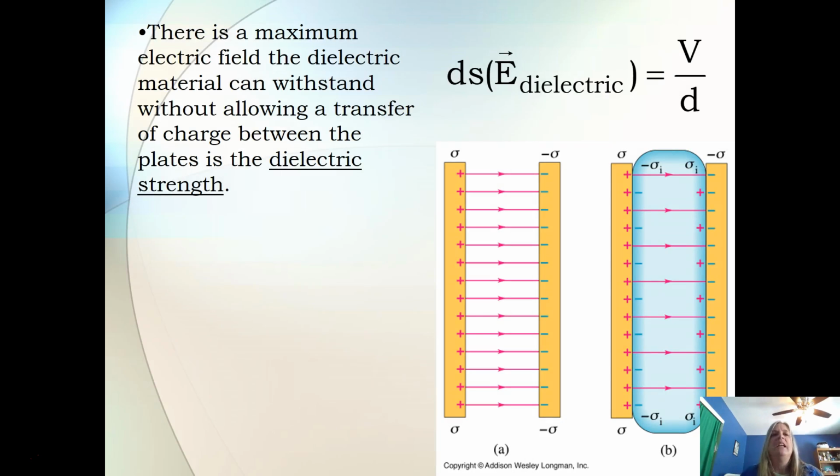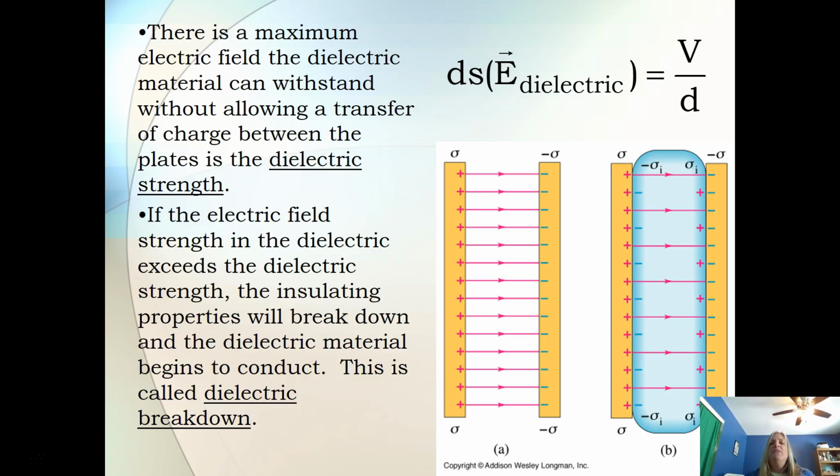So one last thing, there is a maximum amount of electric field that the dielectric can handle before it breaks down. We call this dielectric strength. And if the electric field increases beyond its dielectric strength, so if I dial up the voltage too much, the dielectric breaks down.